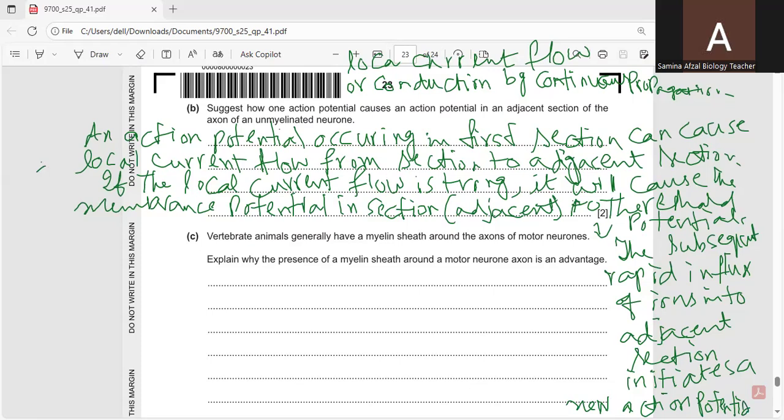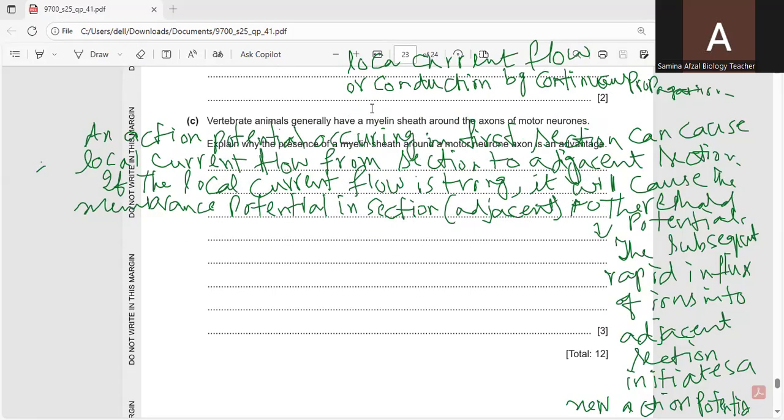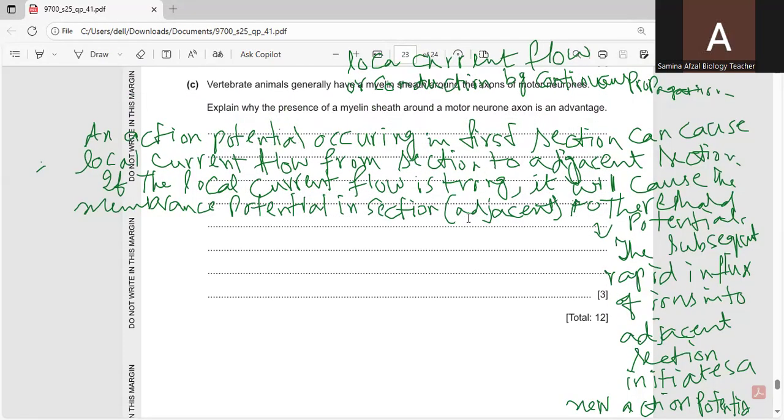So in this way, it can happen. Now we will move towards the last section of this question, that is C.